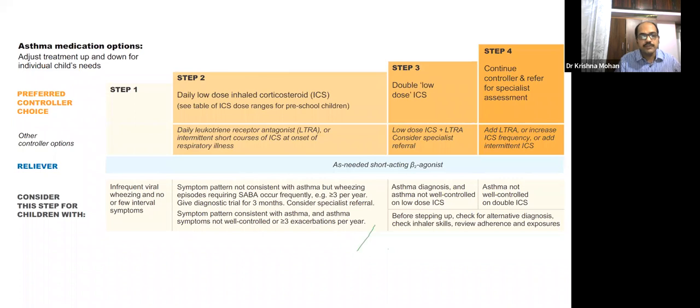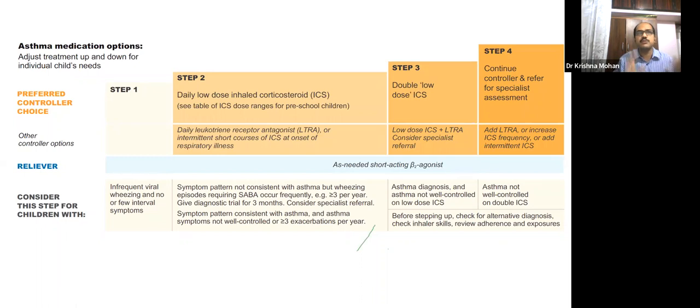Also, even if the symptom pattern is not consistent with asthma, but if the patient is requiring short-acting beta agonists very, very frequently, that is more than or equal to 3 per year, then even if you are not sure that the diagnosis is asthma, you can start daily low-dose inhaled corticosteroid. That is what is called a trial of inhaled corticosteroid. So it is a therapeutic trial. It is just like doing an investigation.